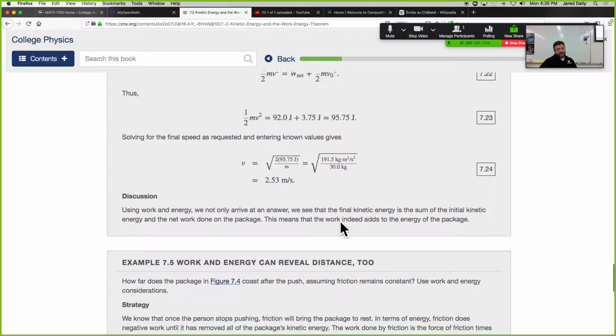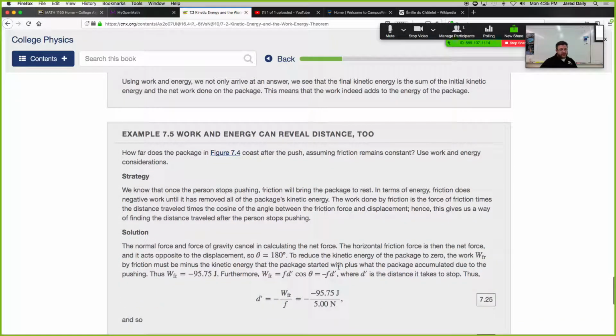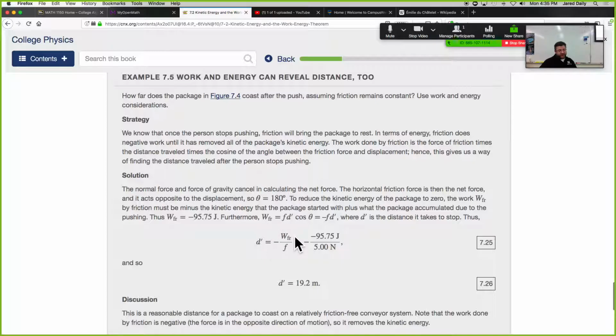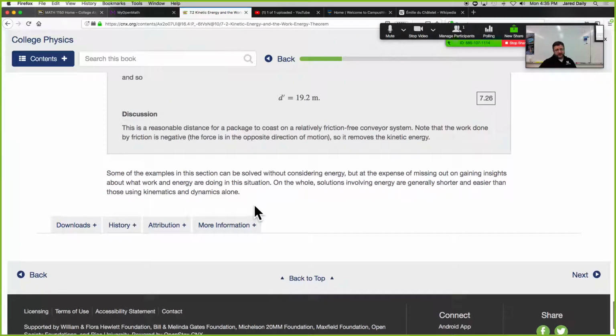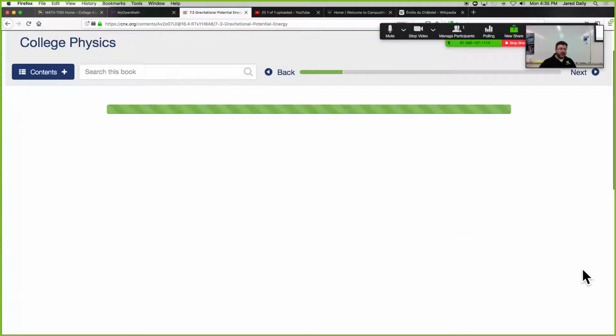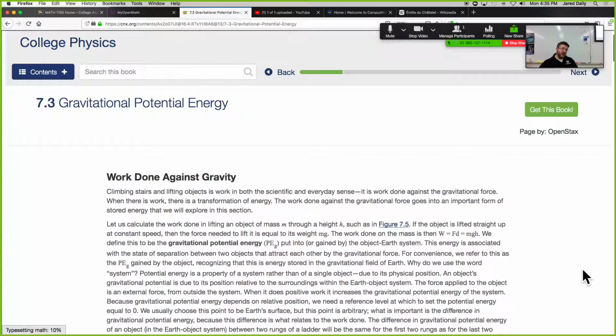It's all kinetic energy. If you take all of that energy out by letting the friction do negative work on it, then it's going to be negative 95.75 over the 5 newtons of frictional force equals the distance, 19.2 meters. That's a long distance, actually.